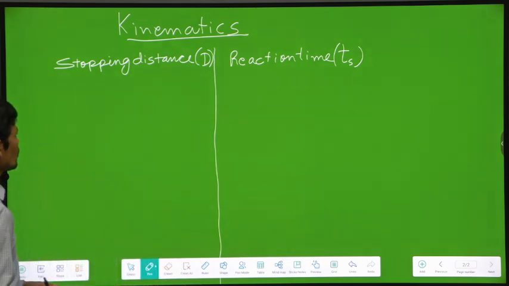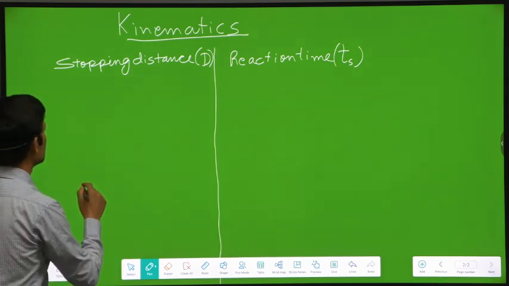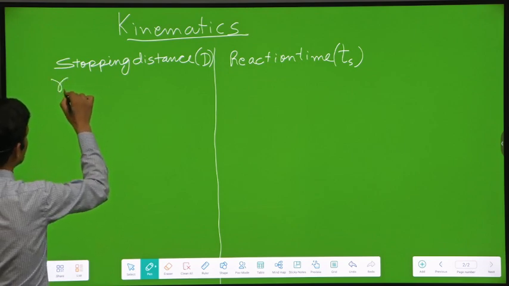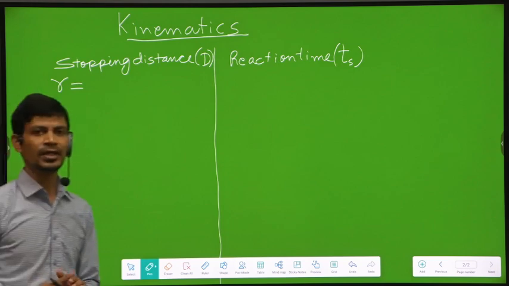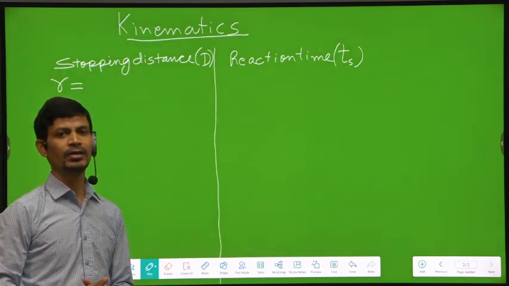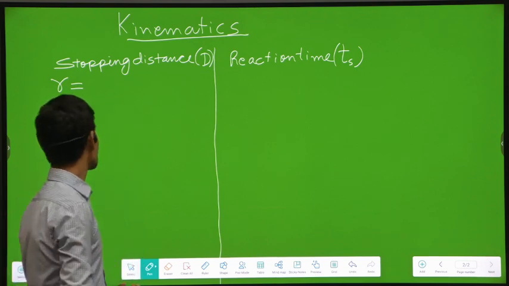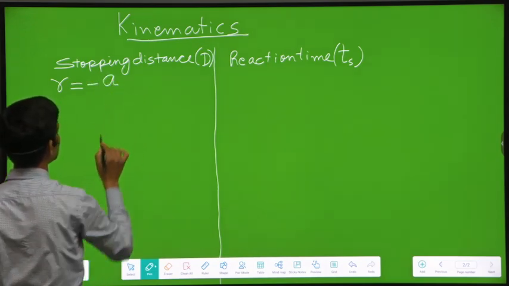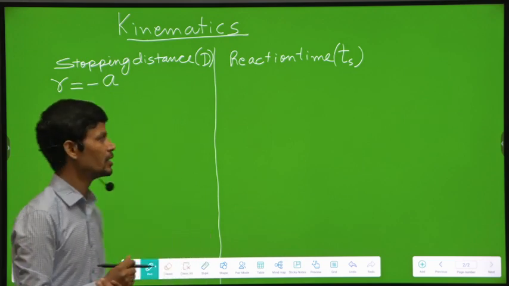So to understand stopping distance, one thing for sure is the maximum retardation that can be offered by the brakes. Let us suppose it is minus a. As per definition, negative acceleration is retardation.